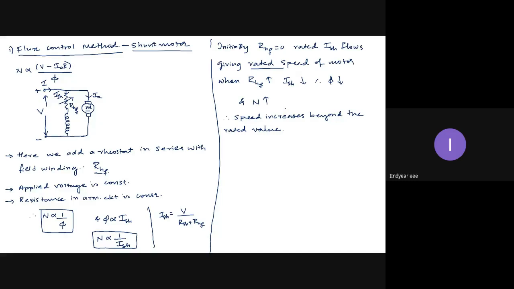So with this method of speed control, I can control the speed only above the rated speed.